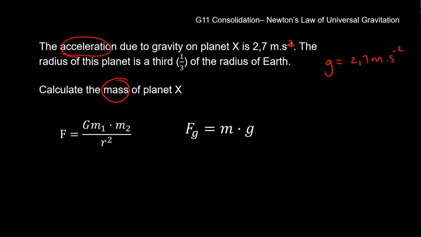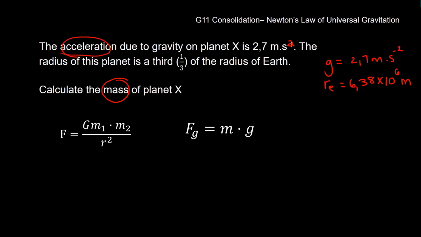The radius of this planet is 1/3 of the radius of Earth. So what is the radius of Earth? We can get that from our data sheet, and it is 6.38 times 10 to the 6 meters, and I don't know this off by heart. I have written it down in front of me so that I can give it to you.